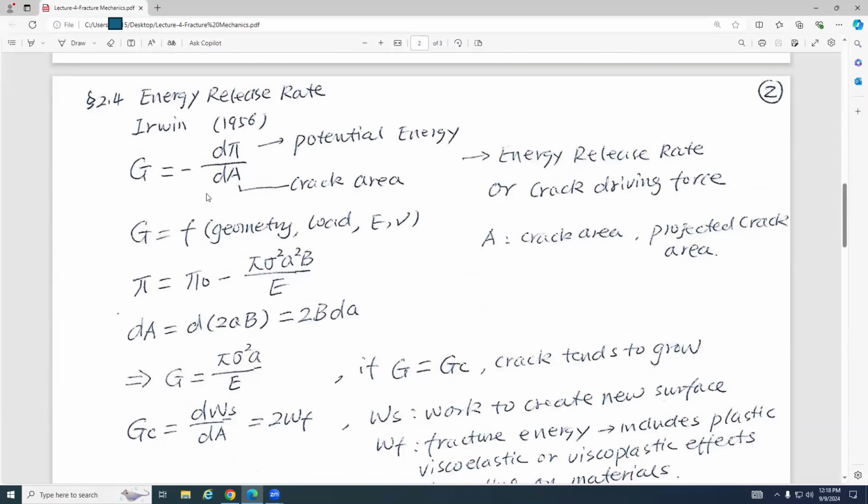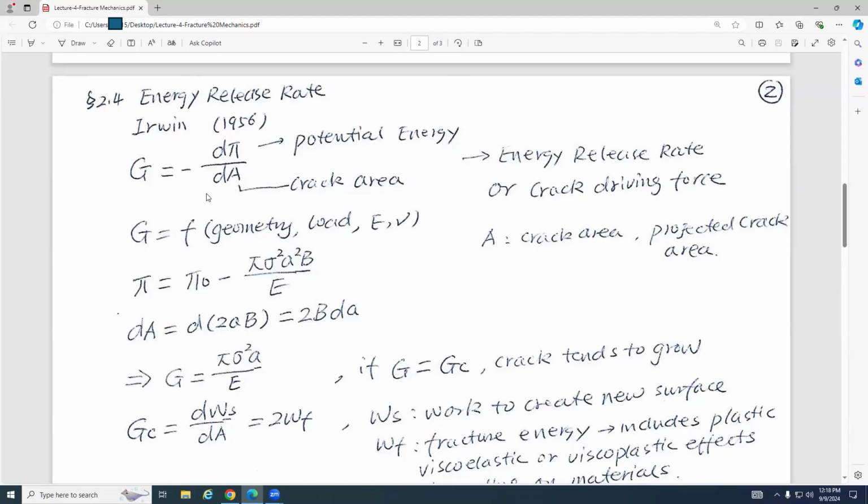Professor Irwin proposed this equation. It says that G, the energy release rate, equals the derivative of the potential energy Pi of the whole cracked body with respect to capital A.